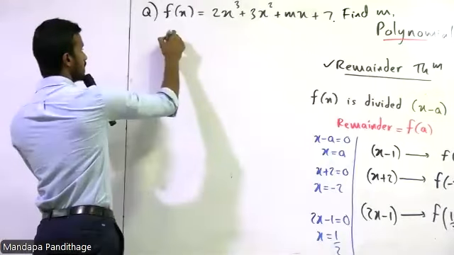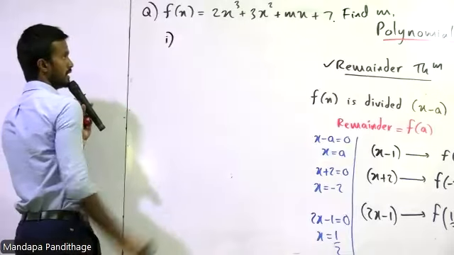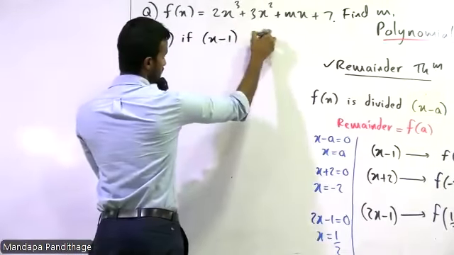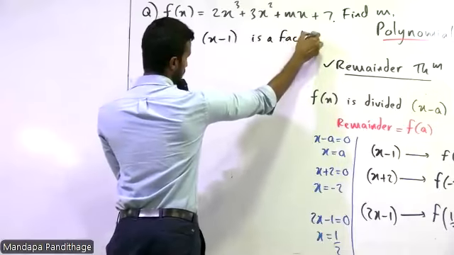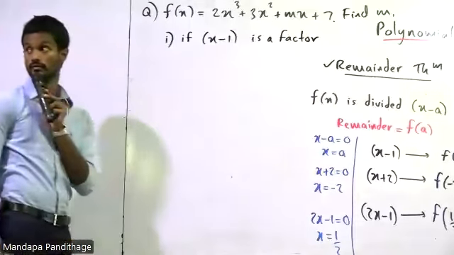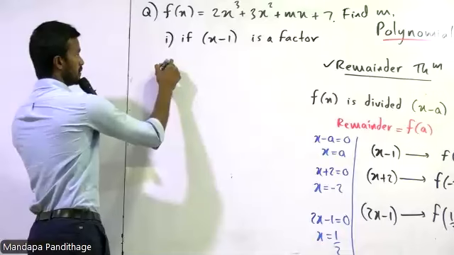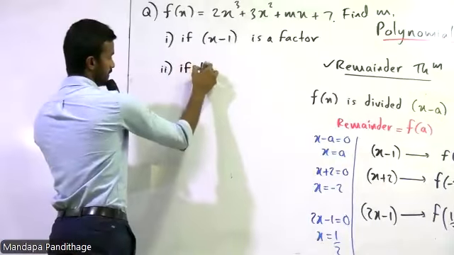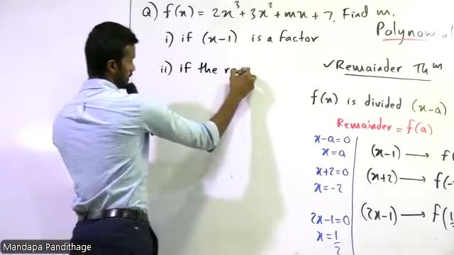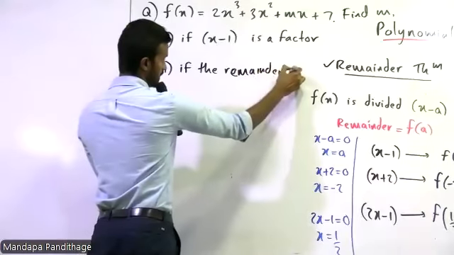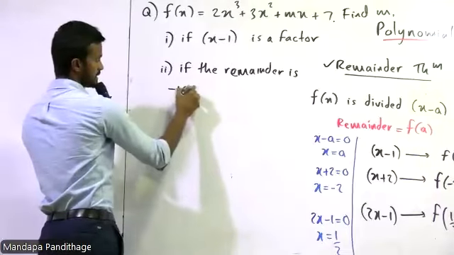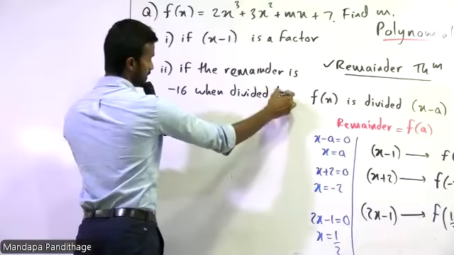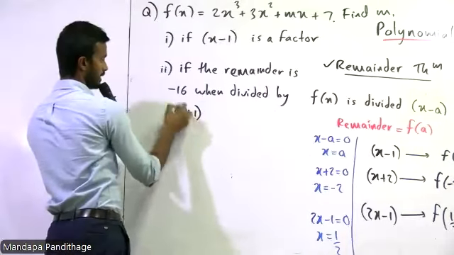Roman number 1: if x minus 1 is a factor. Roman number 2: if the remainder is minus 16 when divided by x plus 1.